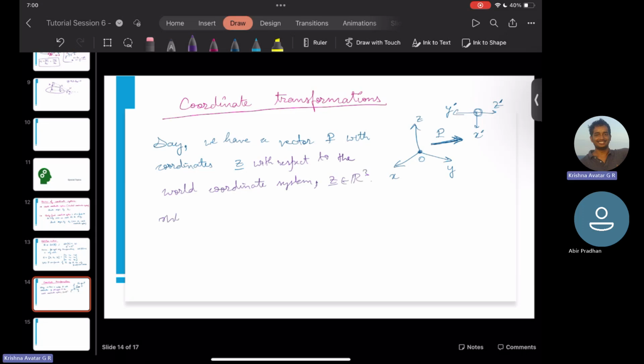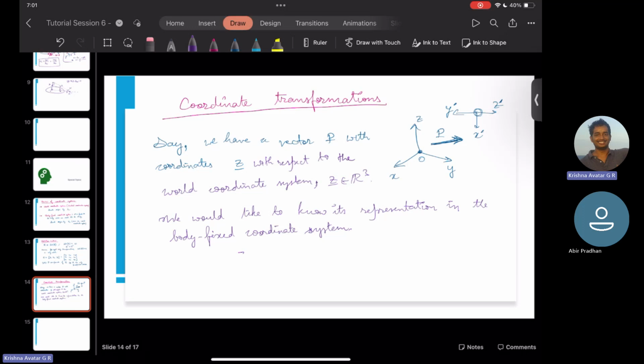And say we would like to know its representation in the body coordinate system, or body fixed coordinate system. So we would like to know its representation in the body coordinate system, right?